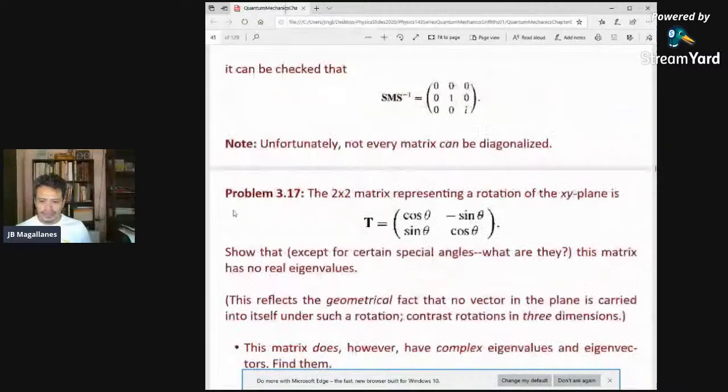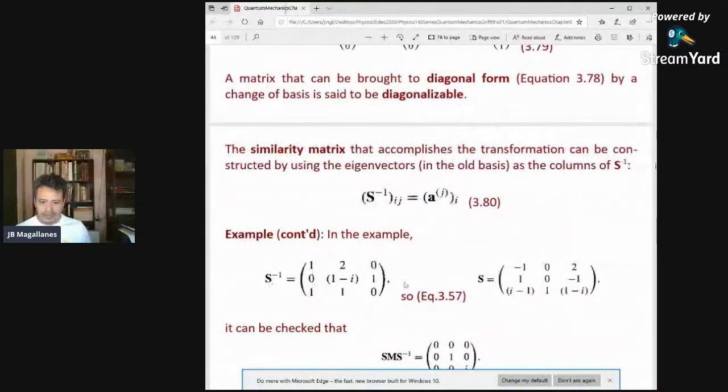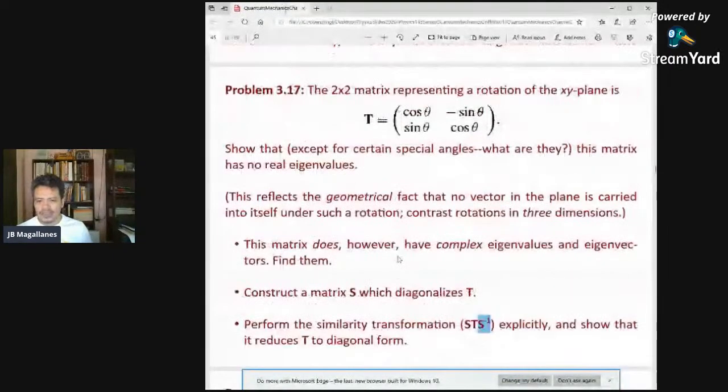In this case it's very simple because this is just 2 by 2. The determinant will just be cosine squared minus negative cosine squared, which is just equal to 1. So in that case, it's very simple.